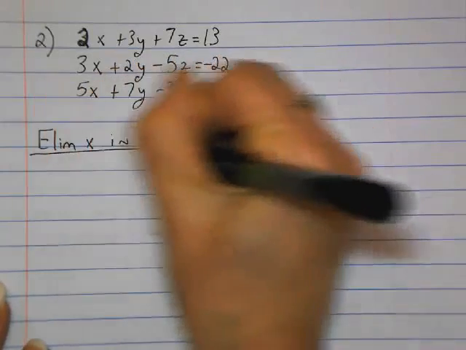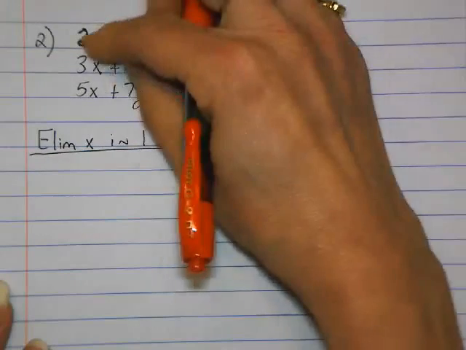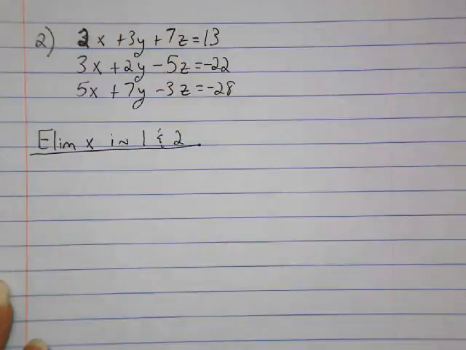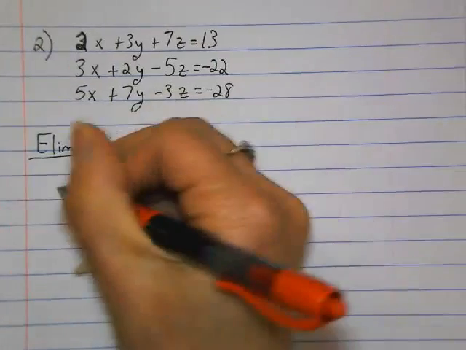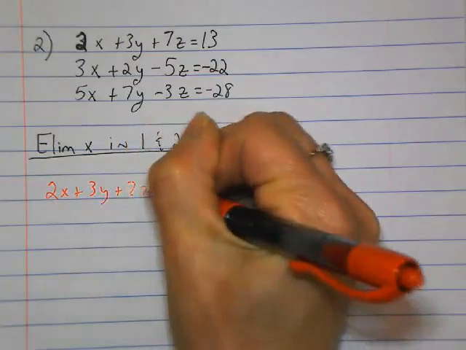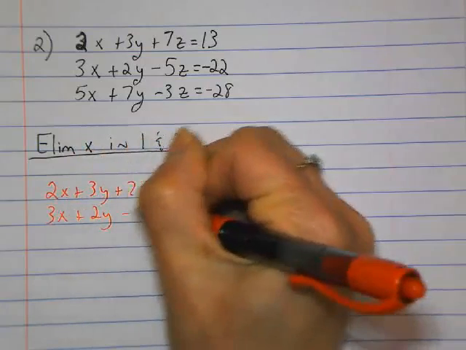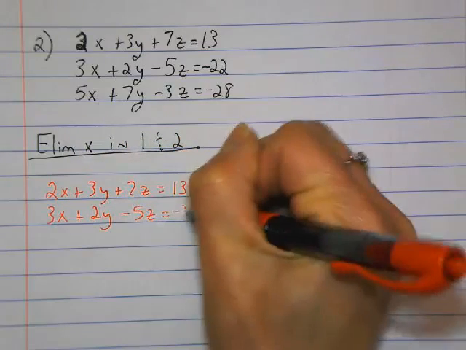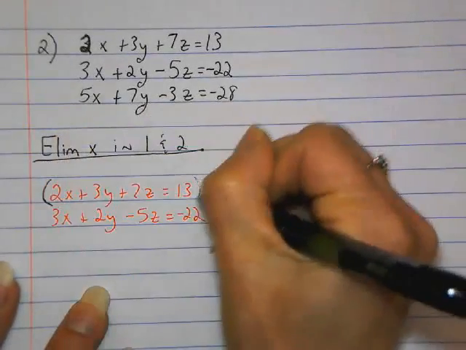Alright, so I'm going to pick these two because I can get them both to be a 6. So I have 2x plus 3y plus 7z equals 13, and 3x plus 2y minus 5z equals negative 22. I need to multiply this one by 3 and this one by negative 2.